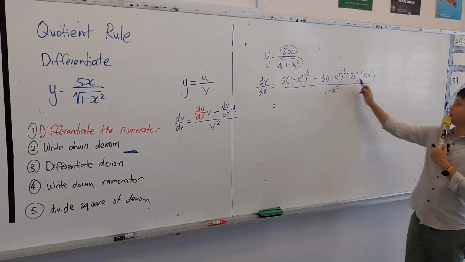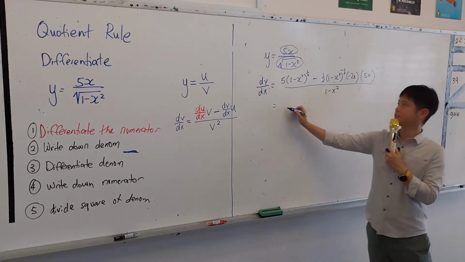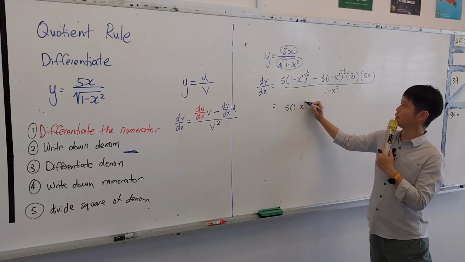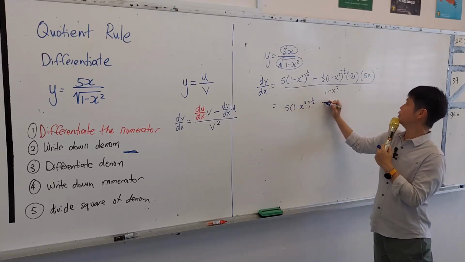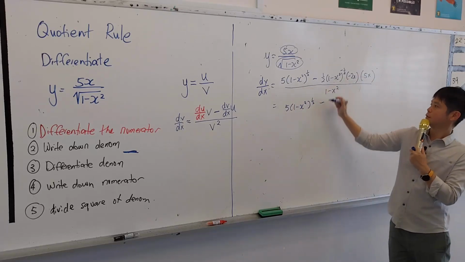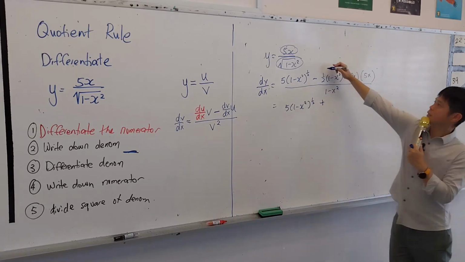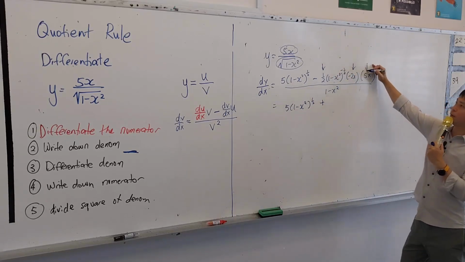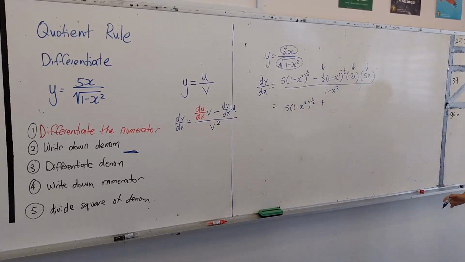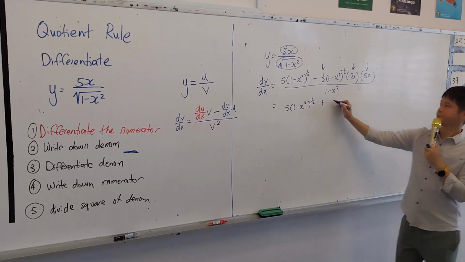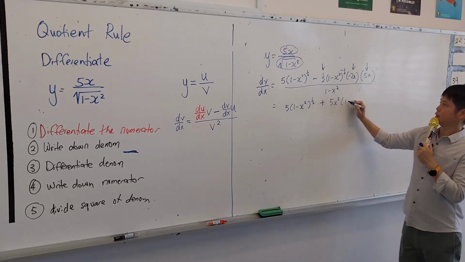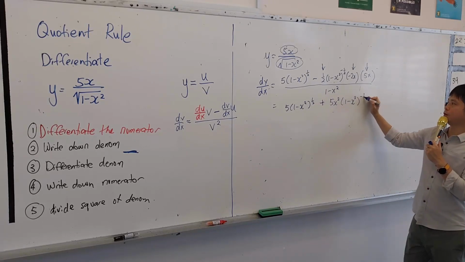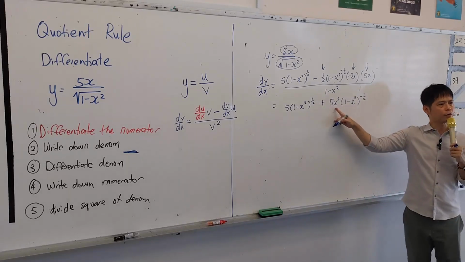This part is quite ugly. Let me simplify this a bit first. I really don't like to factorize out anything until I simplify the whole thing. So this part here and this part here will simply become 5x squared. Can you all please do this as well? Simplify into this form.